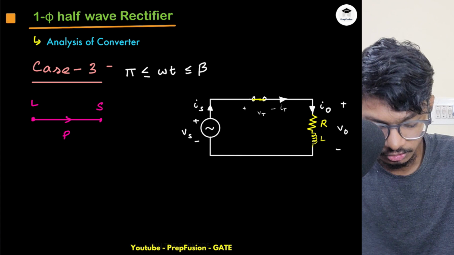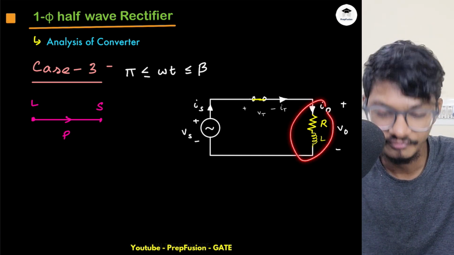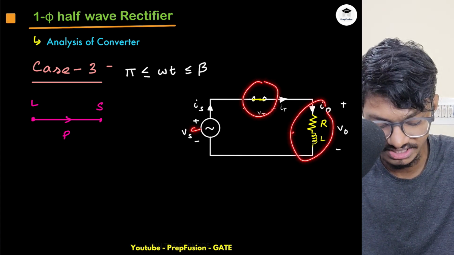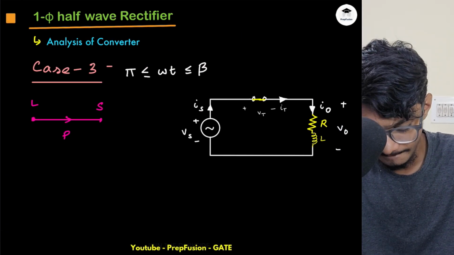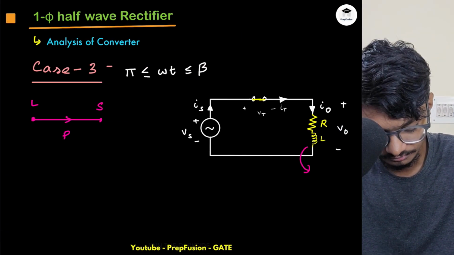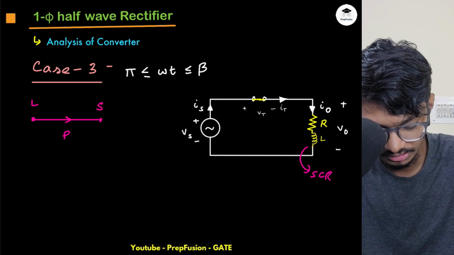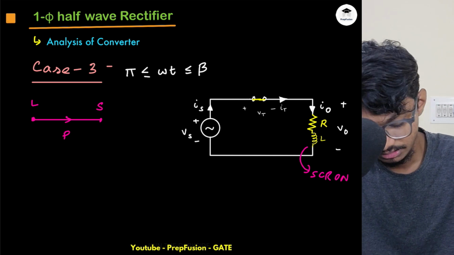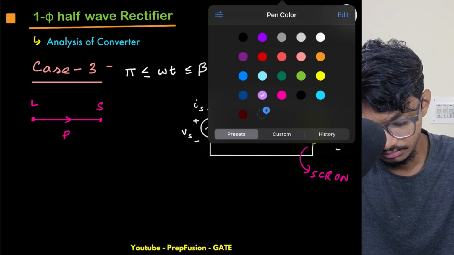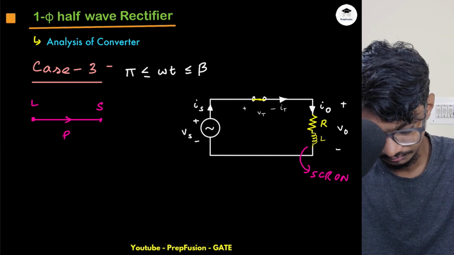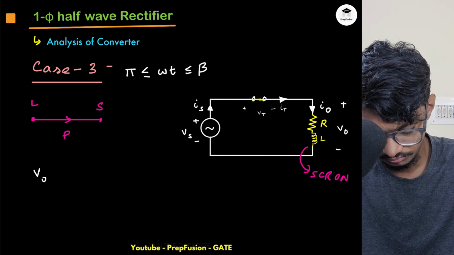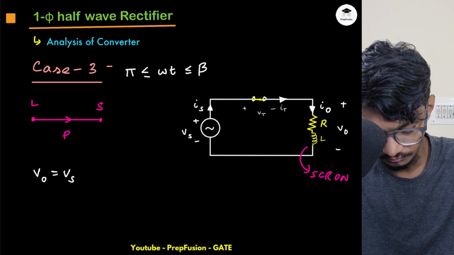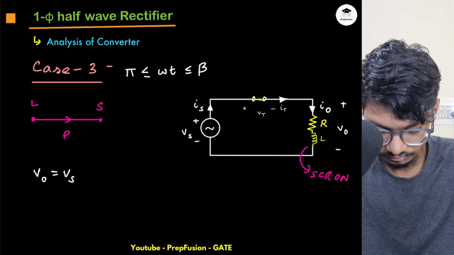Why from load? Because if you observe, what is VO? VO is negative, because VS is equal to VO, since the SCR is still on. Due to the inductor, it is keeping the SCR on. Hence VO will be equal to VS.